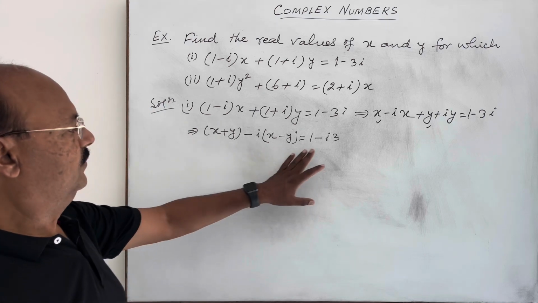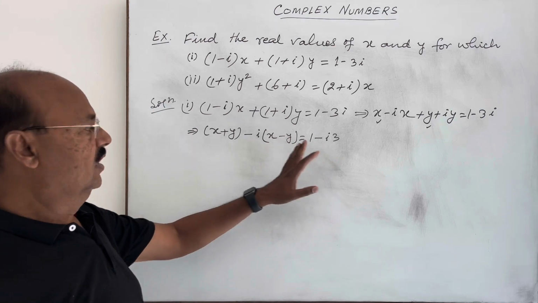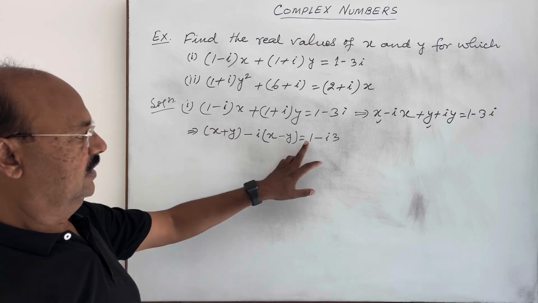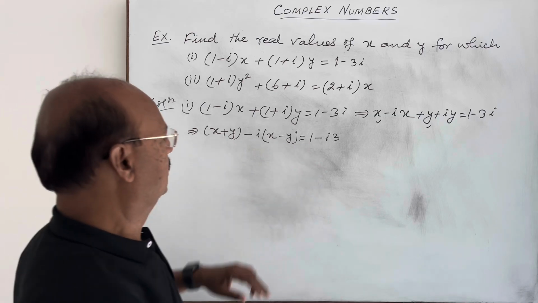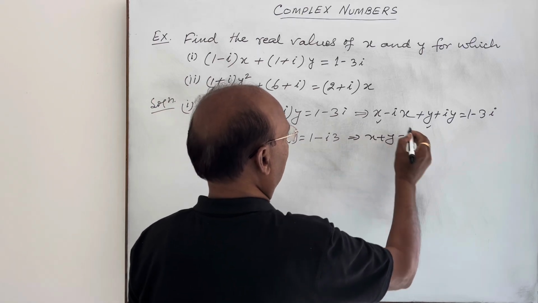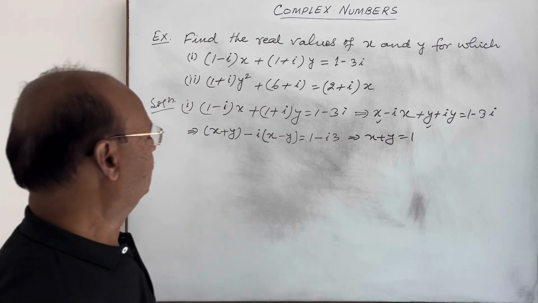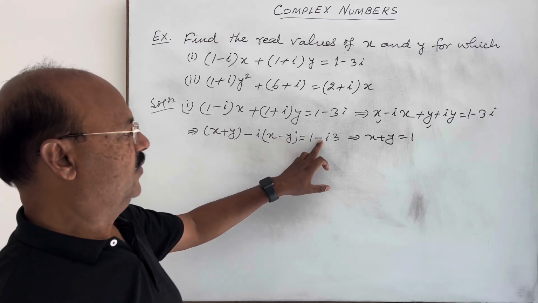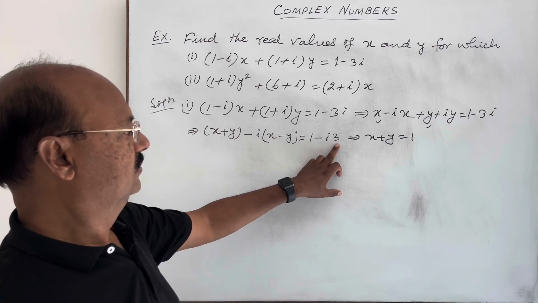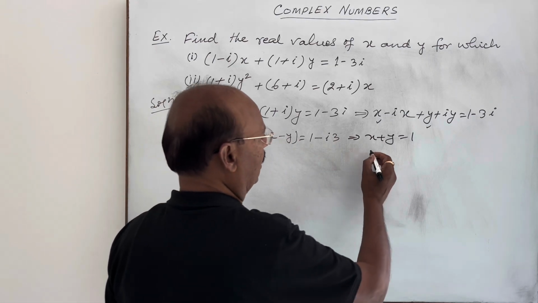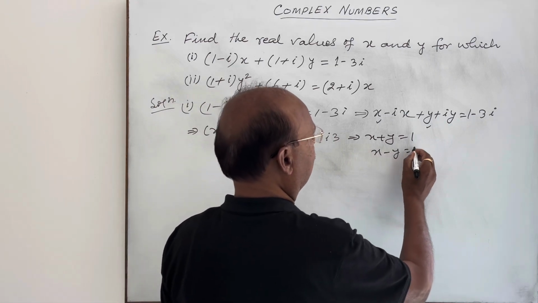By comparing the left hand side and right hand side, the left hand side real part is x + y and the right hand side is 1. So this implies x + y = 1. And −i into (x − y) on the left, −i into 3 on the right. So x − y = 3.